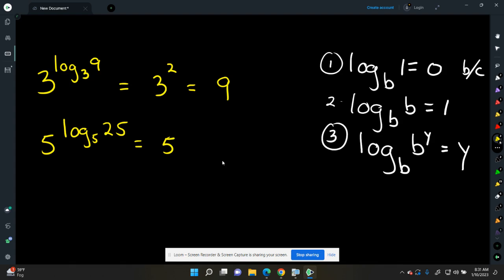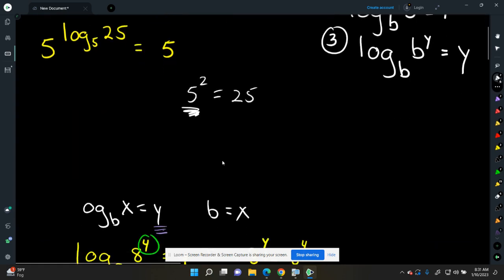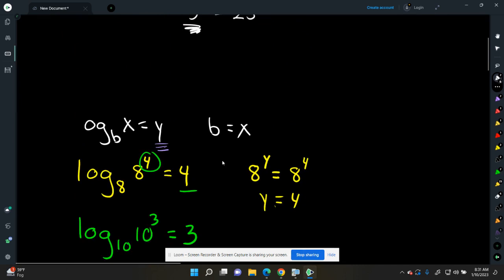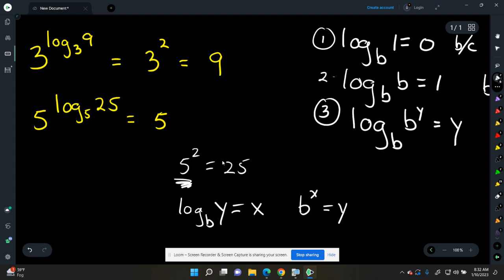Log base 5 of 25, and you keep saying 5 squared, because your brain is going 5 squared equals 25. But my definition says log base b of y equals x if and only if b to the x equals y.